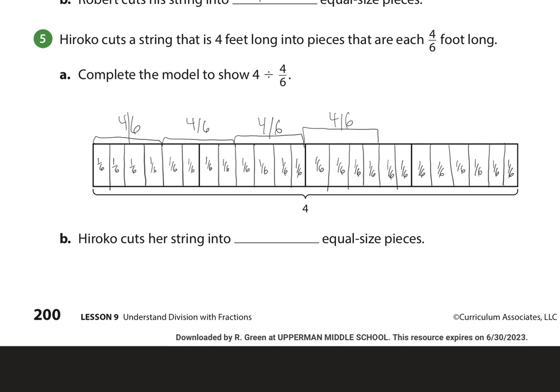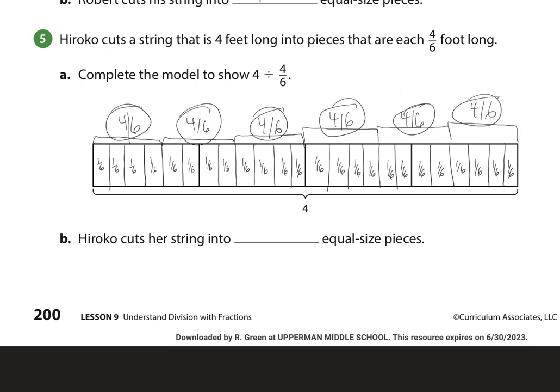Another group of 4/6. Another group of 4/6. And the last group of 4/6. So Hiroko cuts her string into 1, 2, 3, 4, 5, 6 equal pieces that are 4/6 of a foot long.